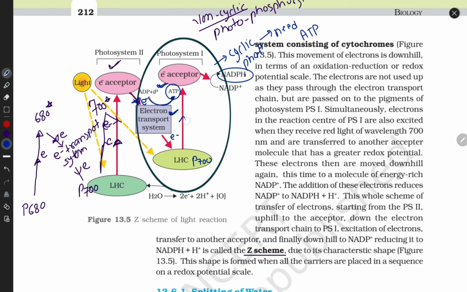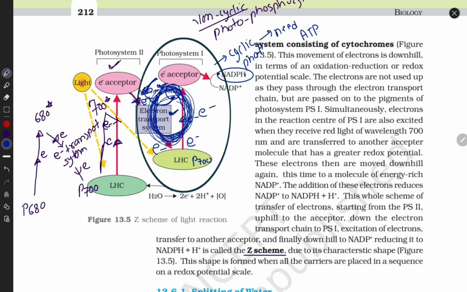they pass their electron towards the P700 photosystem 1, and it activates, and again passes its electron towards the electron transport system. So this mechanism occurs. So the electron rotates like this. So this is cyclic photophosphorylation.